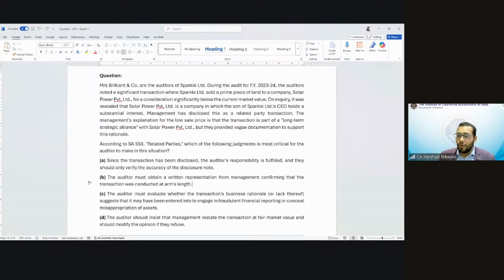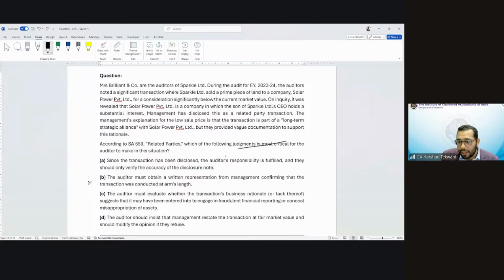So the first and foremost critical judgment in this particular scenario will be to understand: is there a fraudulent financial reporting or concealment or misappropriation of assets? If yes, then ask them to rectify and bring it to a relevant price. Or ask the management, you have sold a land which is not appropriate. Now, once the land is sold, you do a registry and everything.